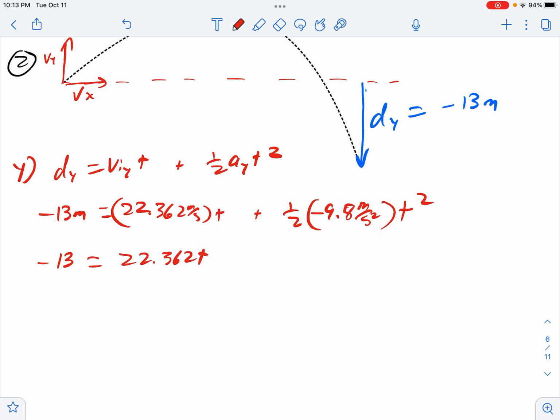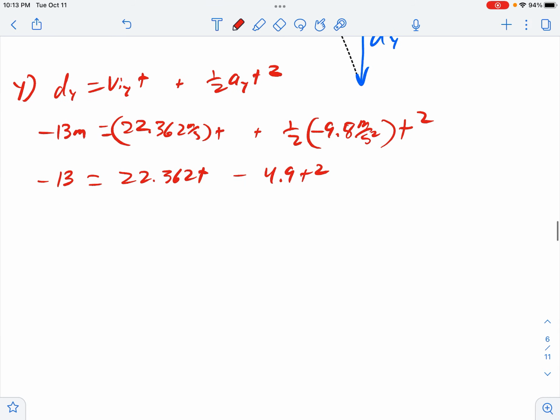So negative 13 equals 22.362 times t minus 4.9 t squared. You can see that it's going to be a quadratic, so let me set this up here. Negative 4.9 t squared plus 22.362 t plus 13.